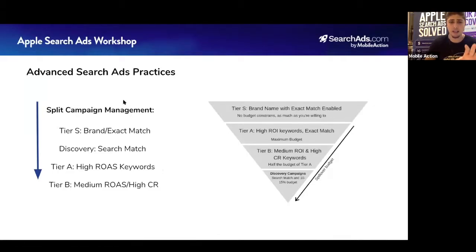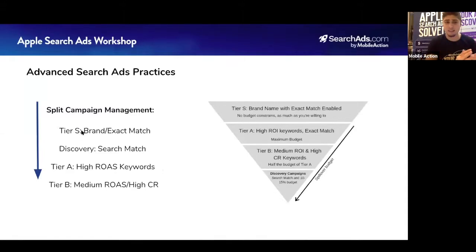The main idea is that usually people would create a single campaign for an app, and then they would have different ad groups, and then a large pool of keywords. What we suggest is, rather than doing that on that scale, you can create campaigns for different purposes. We have divided these into tiers.